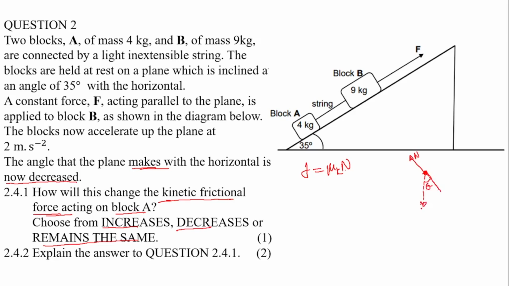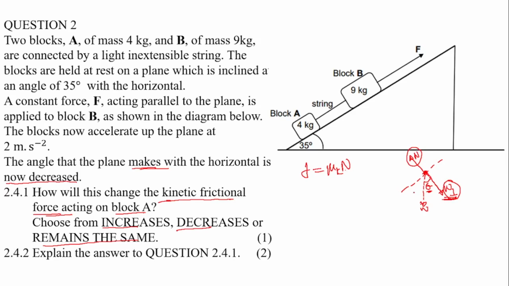Okay, right? This is the weight. Now this is the component of weight that is perpendicular to the inclined plane. This component perpendicular to the inclined plane is equal to the normal force. Right, we want to see now if this angle is decreased, what will happen to this perpendicular component.